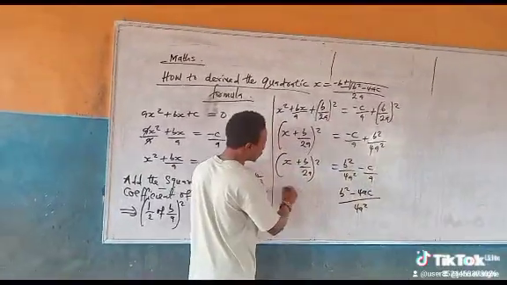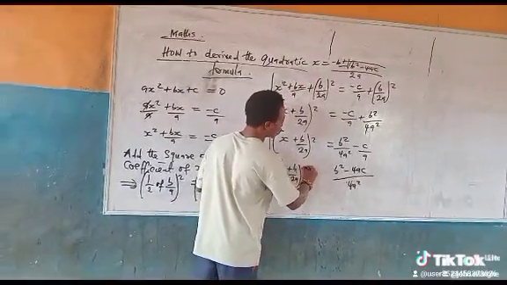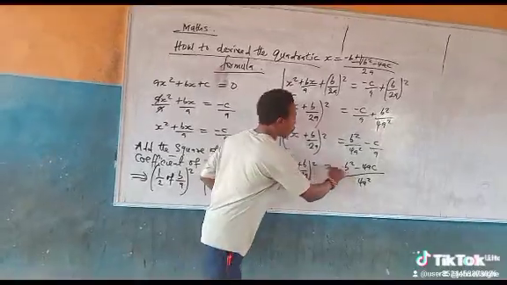You bring this down, that will be x plus b all over 2a squared is equal to this.